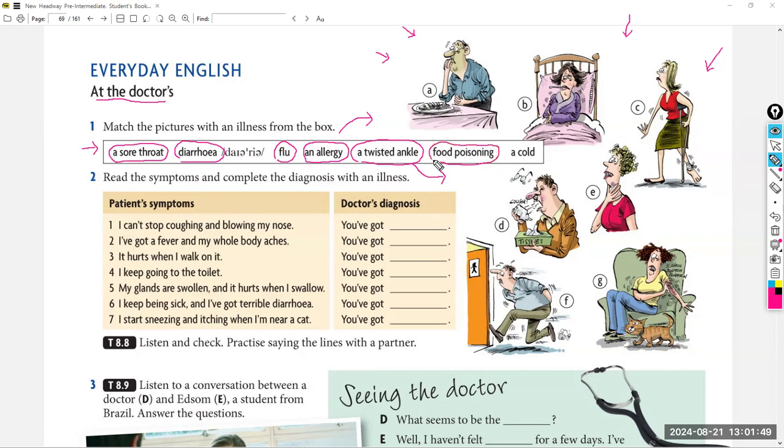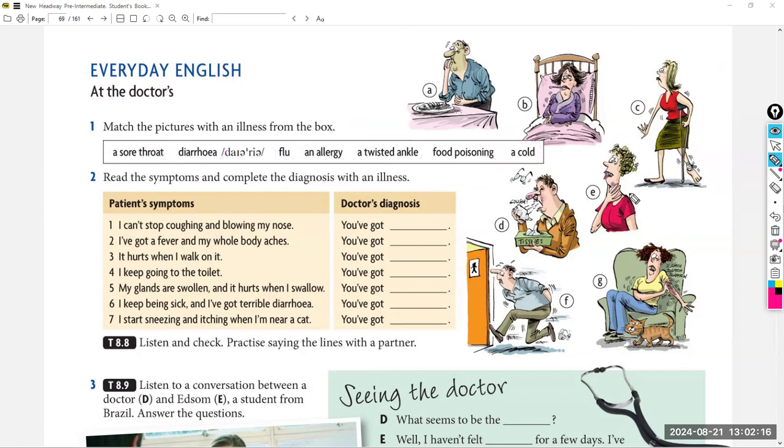It is food poisoning. So please match food poisoning with the correct picture. Now the final illness is a cold. So again, I need you to match the illness cold with the correct picture that we have.